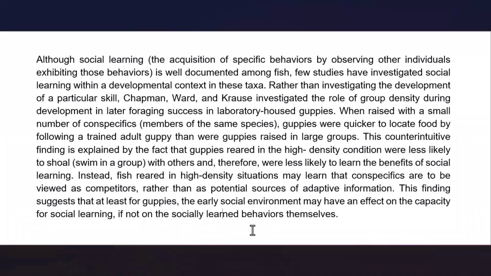So, if the early social environment, at least for guppies, does not have any effect on behaviors themselves, it has certainly an effect on the social learning. And the sentence implies this connotation, at least for guppies.